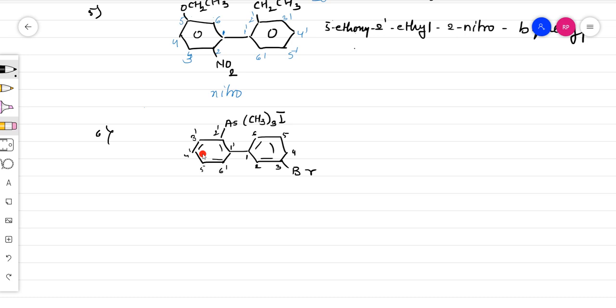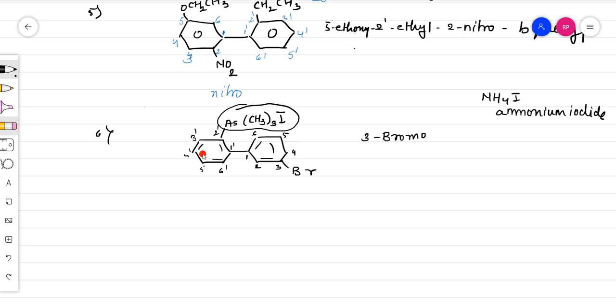Okay, so this is 3 bromo. Now what is this? Arsenic comes from the family of nitrogen. So if you have something like this, what do we call this? Ammonium iodide. Yes or no? So similarly, this is arsenium iodide.